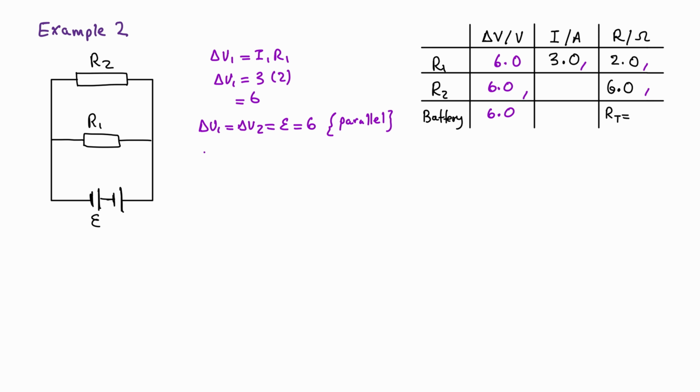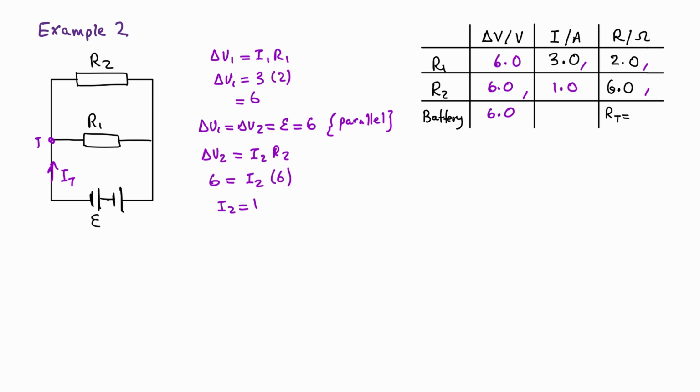So I know that delta V2 is equal to I2 R2. I know that this is 6. I2 is what I don't know. R2 is 6. Divide both sides by 6 to get 1.0 here. Take a junction. So the current is going in this direction as IT.